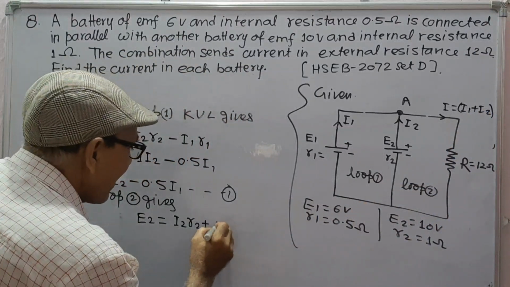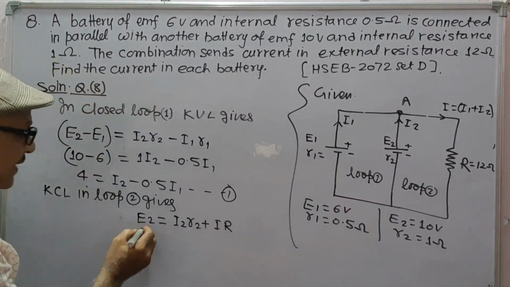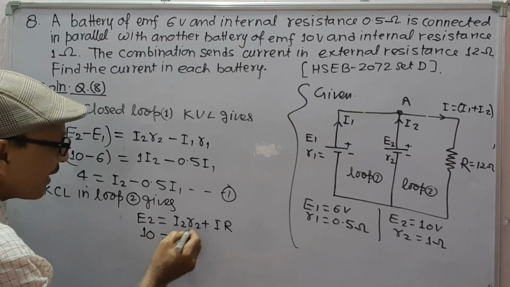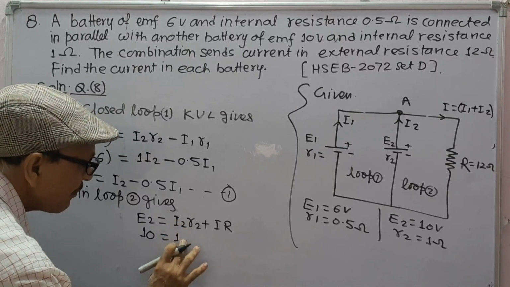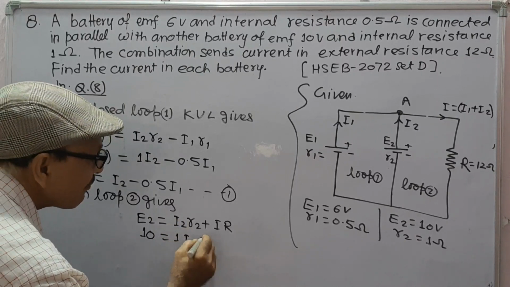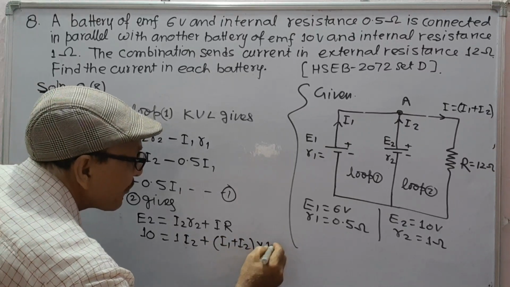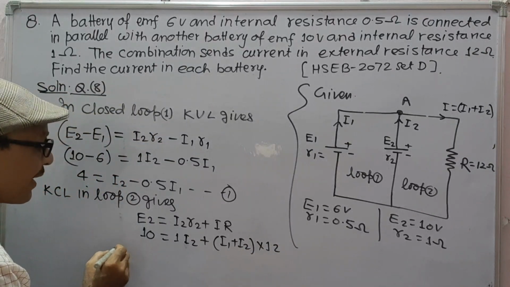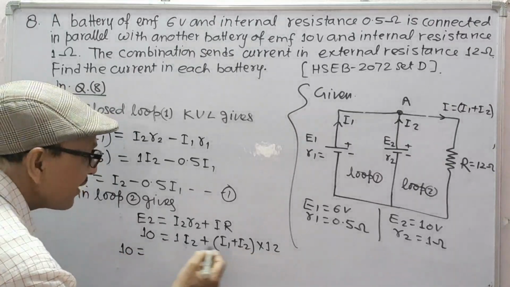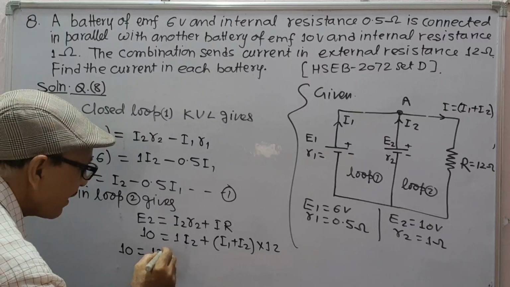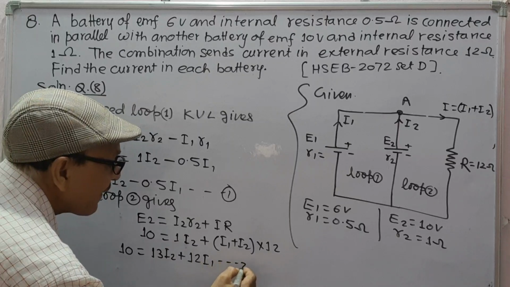So I into R. E2 is 10, R2 is 1, I2 plus I means I1 plus I2 into 12. So we get 10 is equal to I2 plus 12 I2 means 13 I2 plus 12 I1, equation 2.